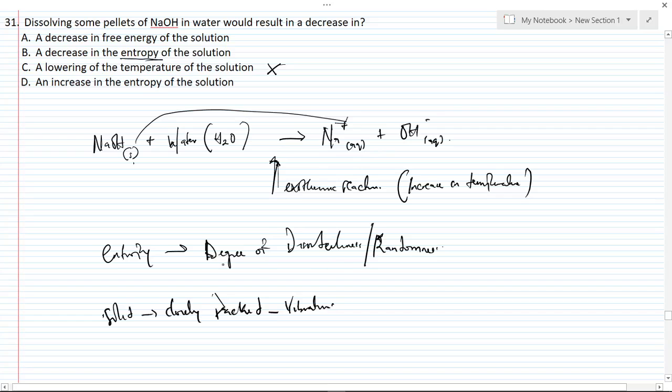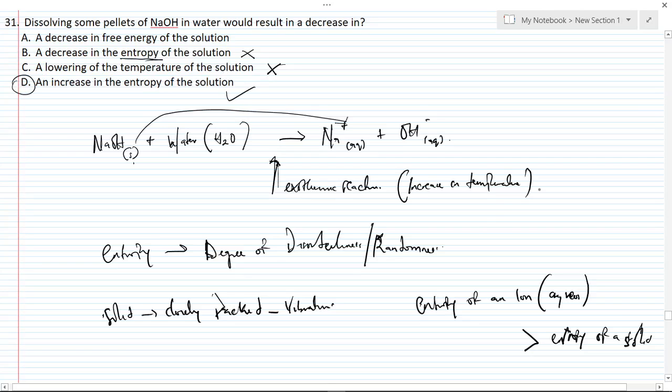So that pretty much means that the entropy of an ion or compound in its aqueous state is greater than the entropy of a solid. So this means that it can't be option B, and so it's definitely going to be option D, and that's the correct option.